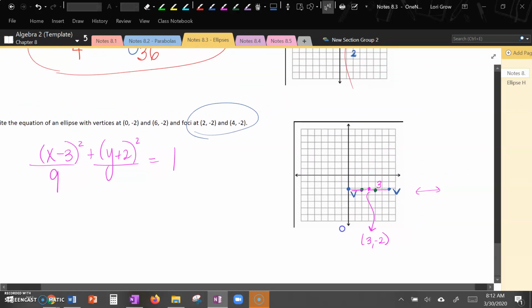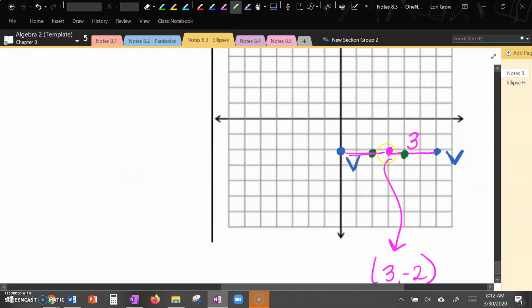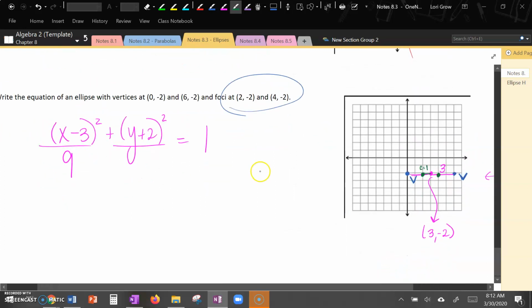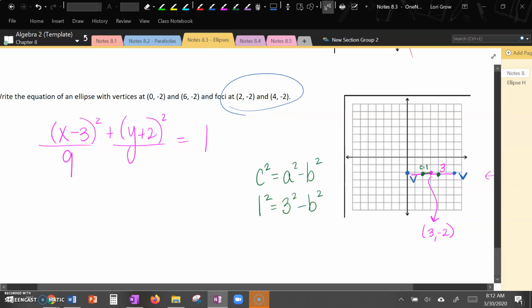So I know now I have the C value. Remember, C is always the distance from the center to the foci. So this tells me that C is 1. So using the equation C squared equals A squared minus B squared, I know that C is 1, A, remember, was 3, and I don't know what B is.